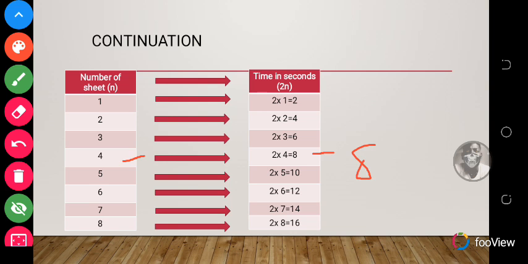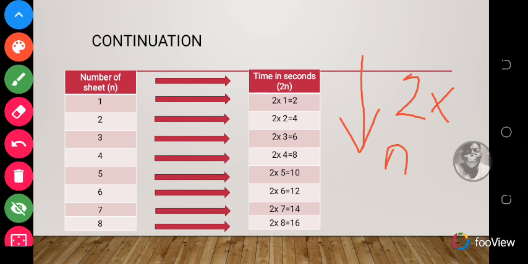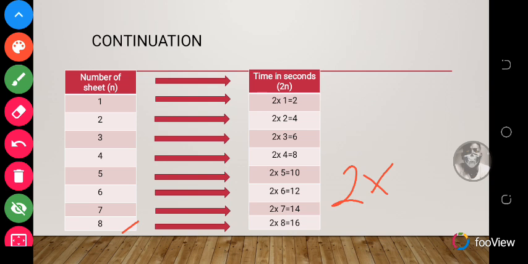Because time taken in seconds is simply 2 times the number of sheets, and the number of sheets is n, so 2 times n. So if the number of sheets is 8, then our time in seconds goes with the rule 2n, so it's simply 2 times 8, which is 16.